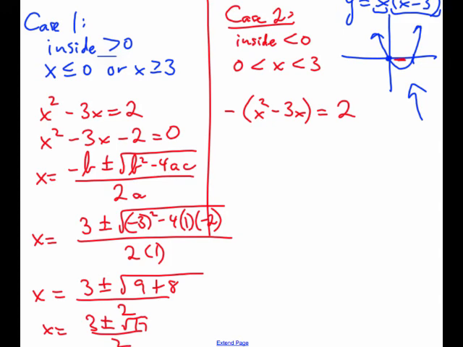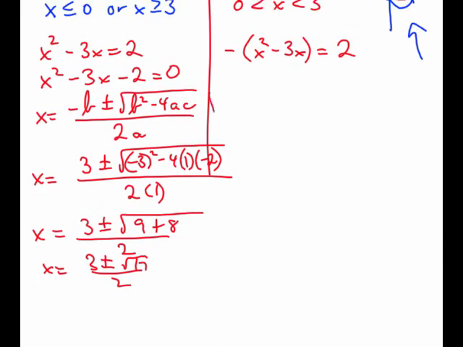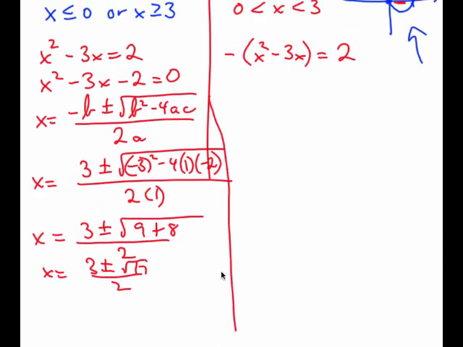Alright, and those are a little bit complicated to plug back into my original equation, so I'm just going to wait on that. I'll come back and check the validity of this later, because remember, you need to check absolute value equations. Things you solve for may not actually work out in the end.